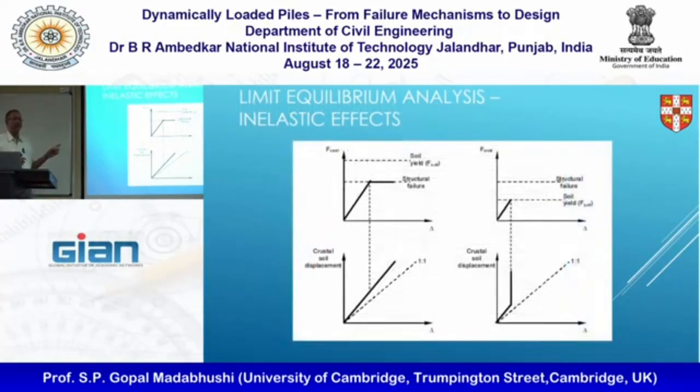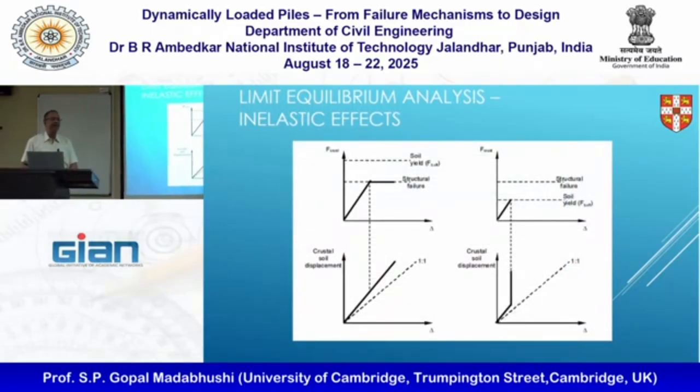So that bit we've done assuming the pile is completely going to remain elastic, because we are simply applying the forces and it's all elastic analysis, right? However, we are also interested in when the pile is actually going to fail.